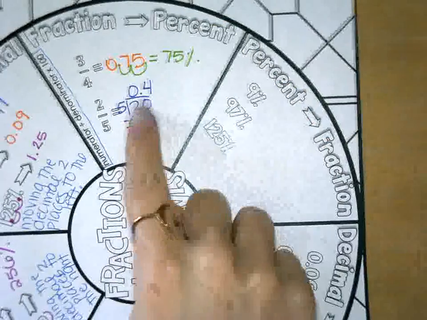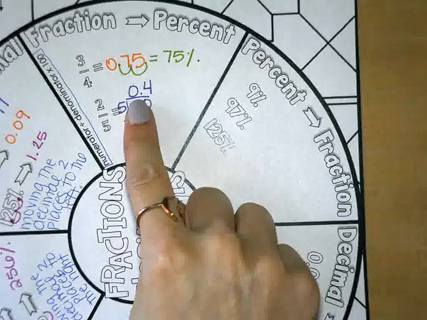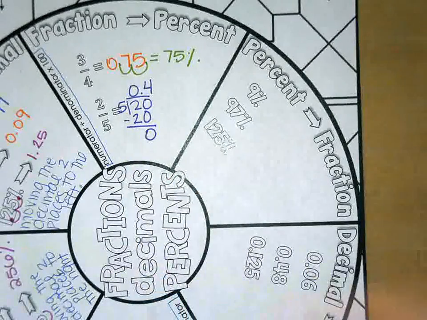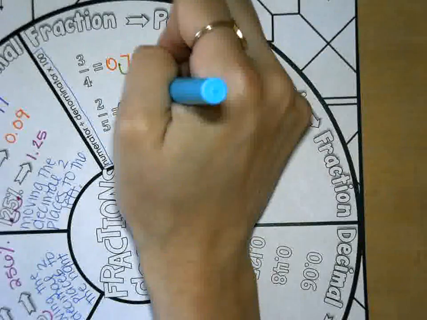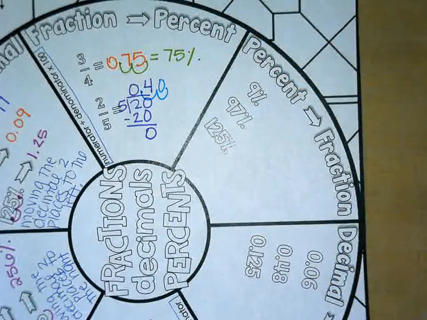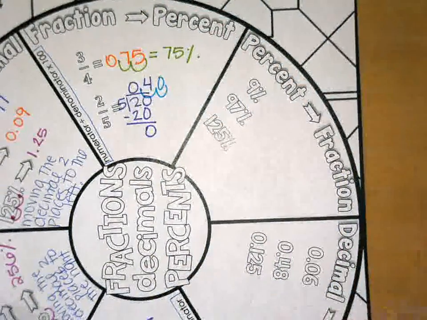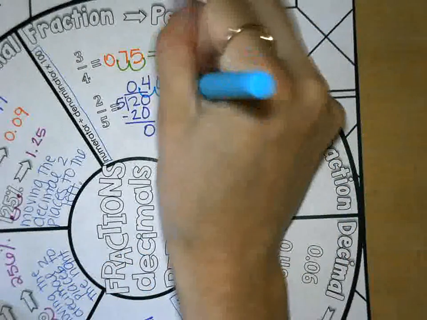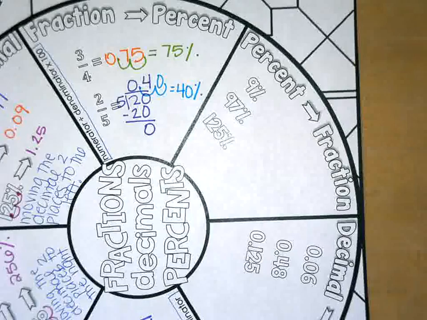So my decimal is 0.4. Once again, I will expect that one to be memorized. And then we need to move our decimal 2 places to the right. 1, 2. We always add zeros in our blank spots, so I put a 0 in the blank spot, which will give me 40. So 2/5 is 40%.